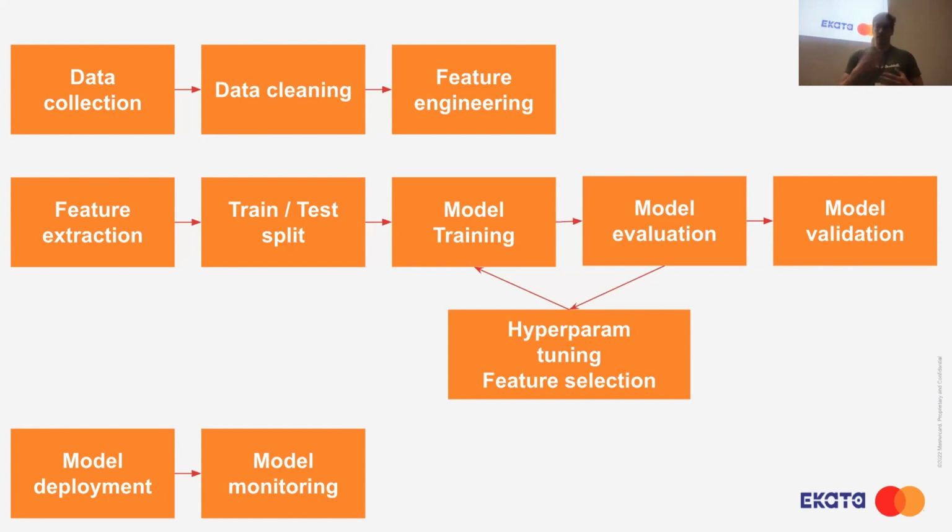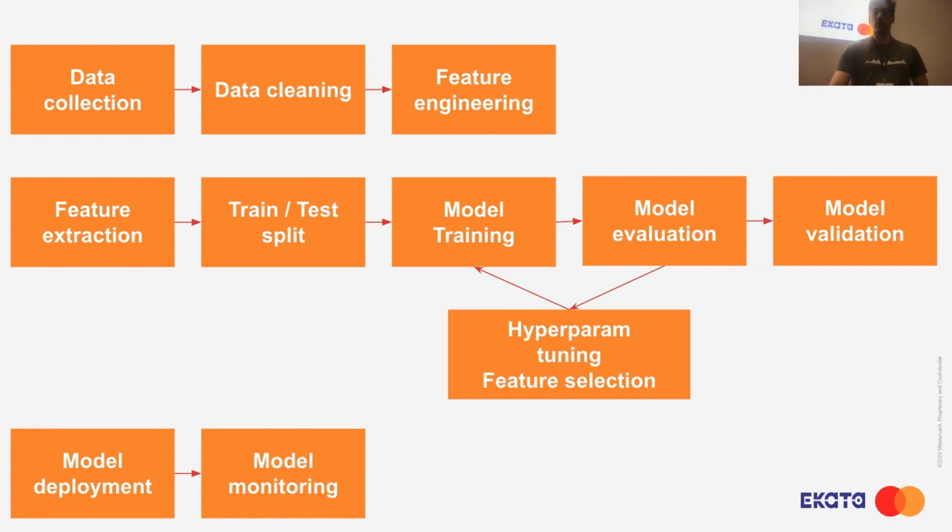When you do many iterations, you come up with your release candidate model, then you do some additional validation on this. These are mostly checks that the model behaves exactly the same way in production that it did in your training environment. Once all the checks are green and every sign-off is there, then you can deploy your model, and hopefully you have some model monitoring in place that can check the behavior of the model in production.